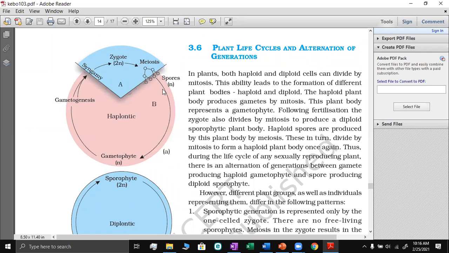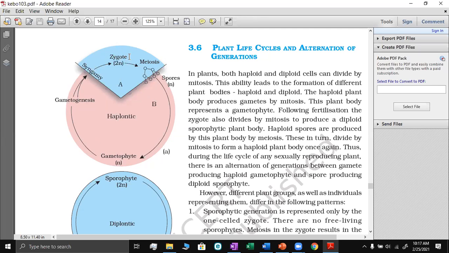Here the main plant body, the gametophyte, is haploid. This gametophyte produces gametes by the process of gametogenesis. After fusion of the gametes, that is syngamy, they produce the zygote. The zygote is the diploid stage, and this is usually a single cell structure.